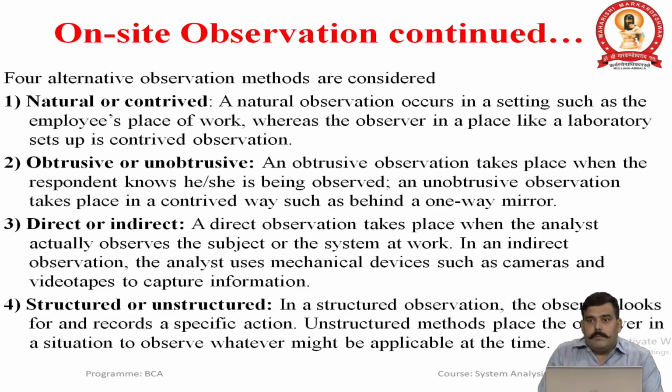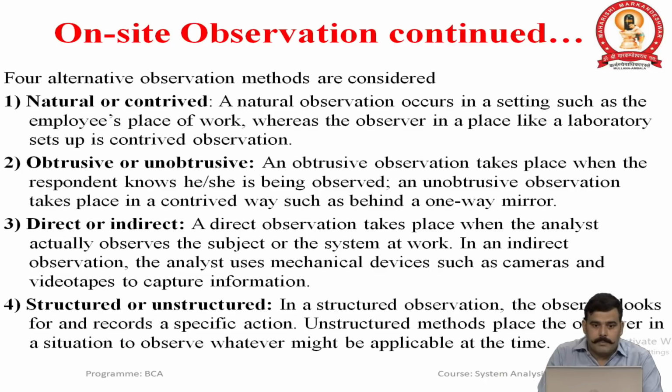So, the person who is under observation knows someone is observing them, and in unobserved observation, the observation takes place in a contrived way, such as behind a one-way mirror. The analyst or observer can observe the working of the person being observed, but that person has no knowledge of the observation.